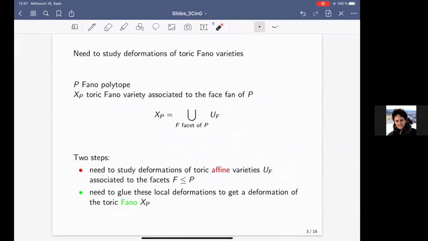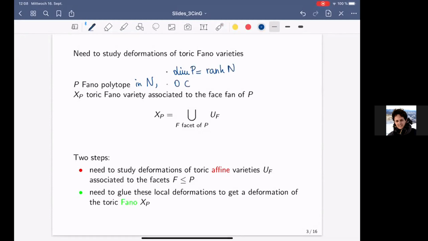So from this, it is obvious that we have to study deformations of toric Fano varieties. So let's look at toric Fano varieties a bit closer. So we start from a Fano polytope. P is a Fano polytope, and what is a Fano polytope? So it's a polytope in N. The dimension of P is equal to the rank of N, so it's full dimensional.